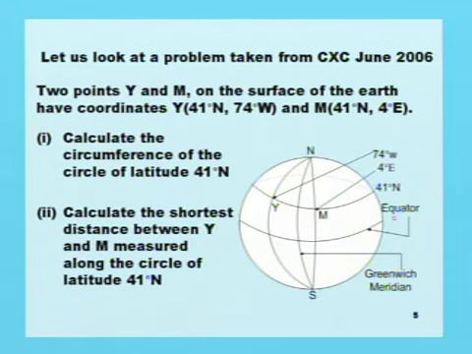Point M is 4 degrees east of the meridian of Greenwich. Point Y is 74 degrees west of the meridian of Greenwich. We'll see how to solve the problem in a moment.